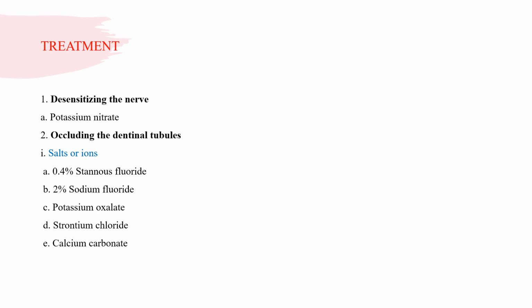There are various treatment modalities. They are by desensitizing the nerve, by using potassium nitrate paste; by occluding the dentinal tubules by using salts or ions such as 0.4% stannous fluoride, 2% sodium fluoride, potassium oxalate, strontium chloride, and calcium carbonate.